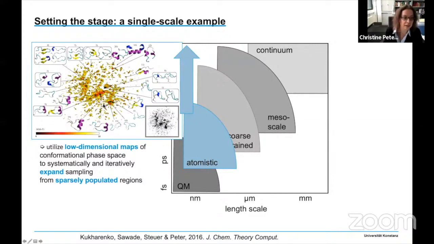So here you see an example of an intrinsically disordered protein, or actually only a small peptide fragment of an intrinsically disordered protein. And we have made a low-dimensional representation of it. I will speak later about how you can do that, so what tools you need for that. And then we have started to shoot off short simulations from the sparsely populated regions of that phase space, and basically to push those simulations to venture into regions that you haven't seen before.